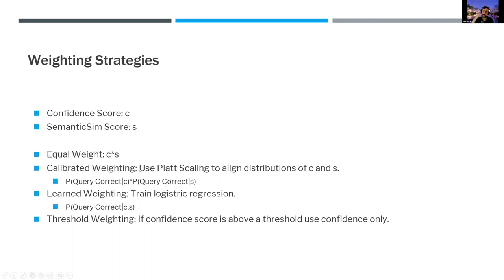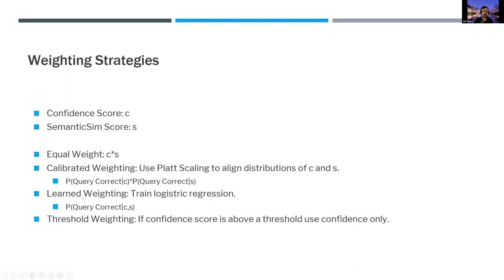So basically, in order to put these two scores into the same distribution, you can use some scaling approaches, such as training a logistic regression on a held-out set.